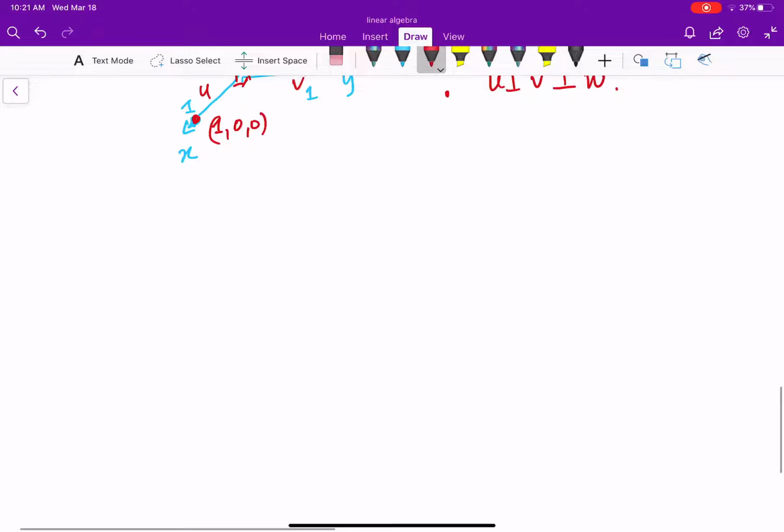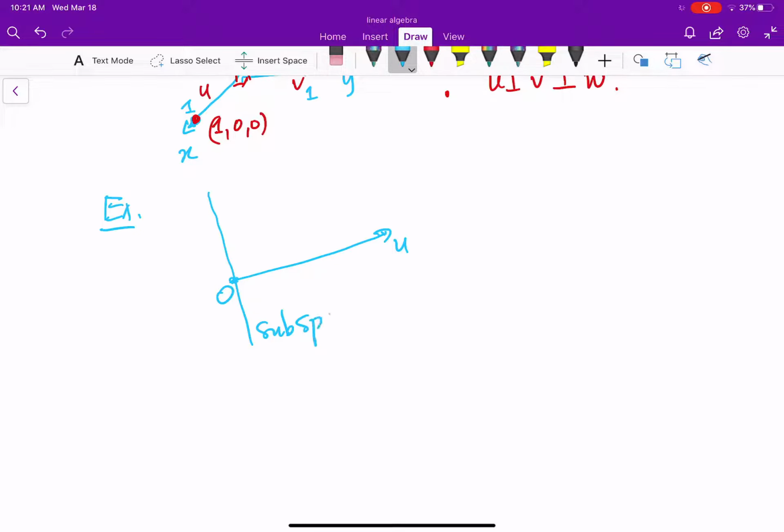All right, so let's consider the following example. Suppose you have a vector, okay? You want to determine the subspace which is orthogonal to u. In this situation we have R2. But I mentioned several times, when we're talking about vectors, we might think about points.